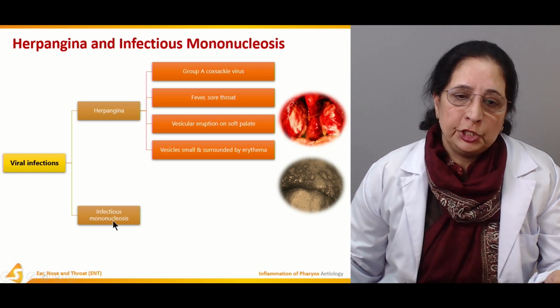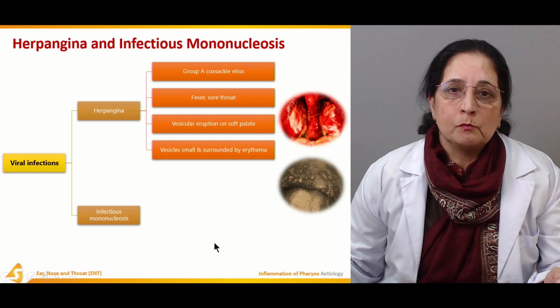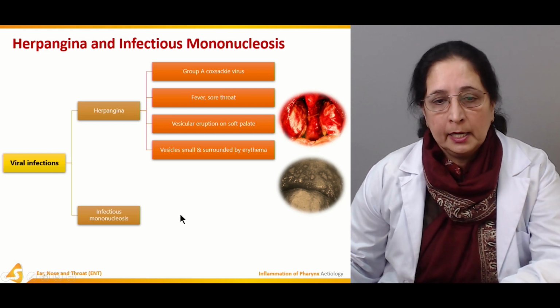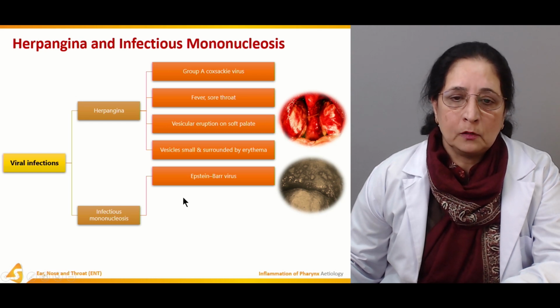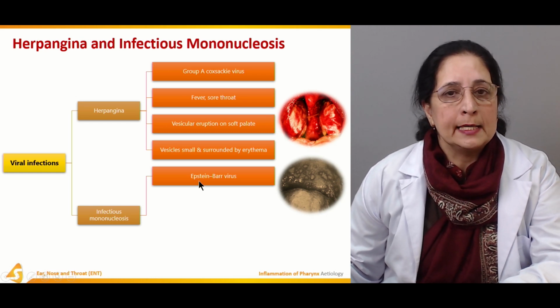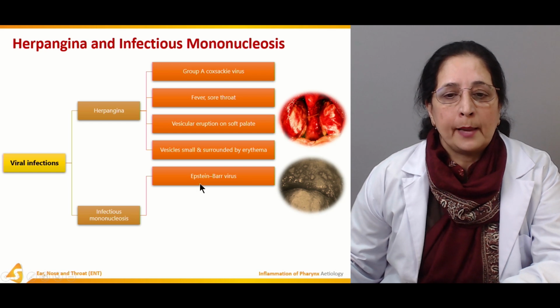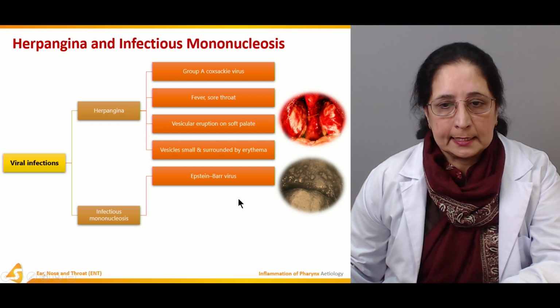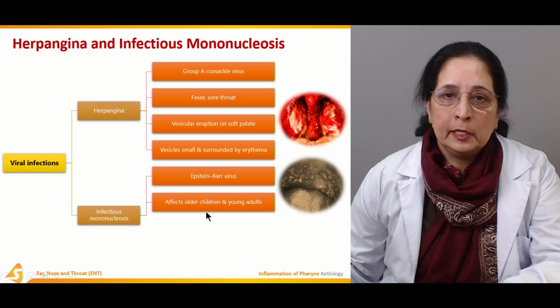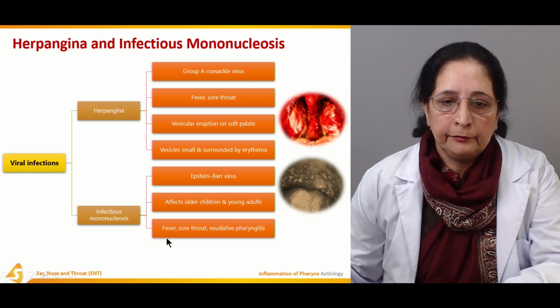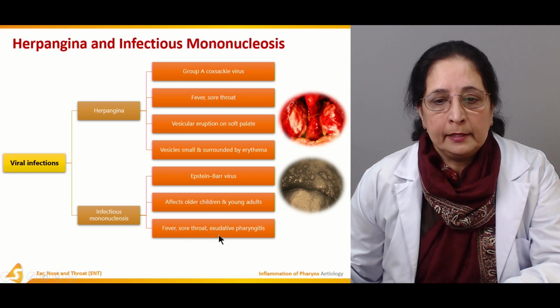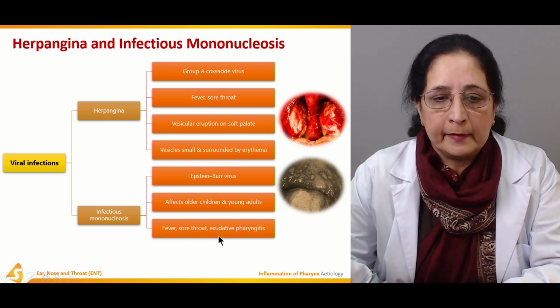Then the other condition is infectious mononucleosis. This is the condition or disease caused by the virus known as EBV or Epstein-Barr virus. It affects older children and young adults. Fever, sore throat, and there is exudative pharyngitis.